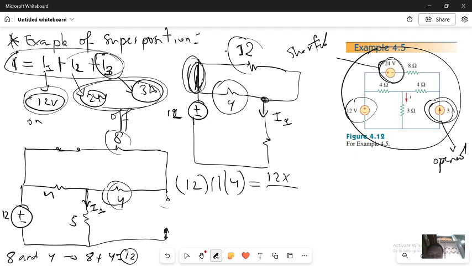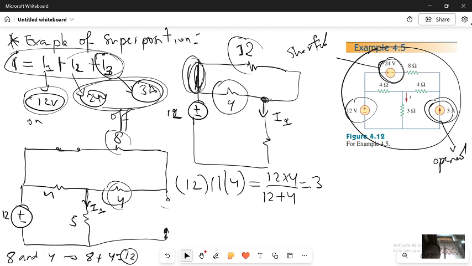As we saw in the previous video, 12 multiplied by 4, divided by 12 plus 4, which is equal to 3.